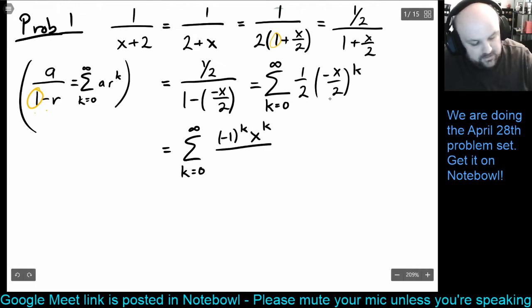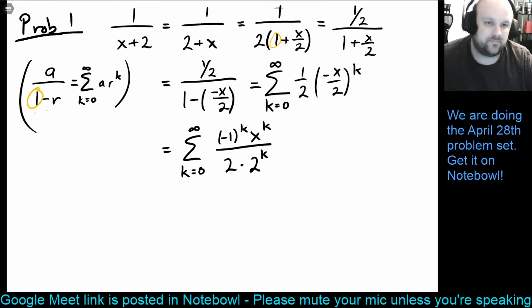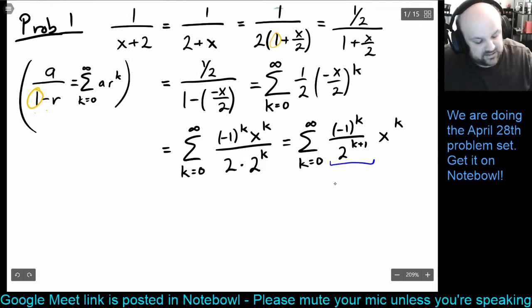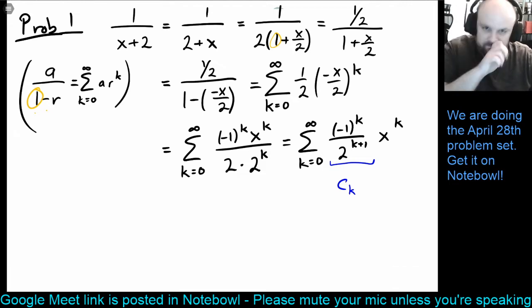The bottom, this is 2 times 2 to the k. We could just skip right to this being 2 to the k plus 1, but I figured it'd be a good idea to write it separately. So we have negative 1 to the k over 2 to the k plus 1, x to the k. So this stuff right here, this is your coefficient of the power series.